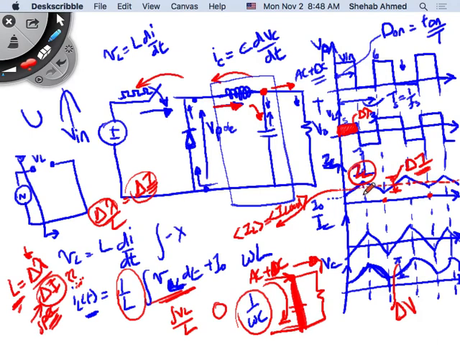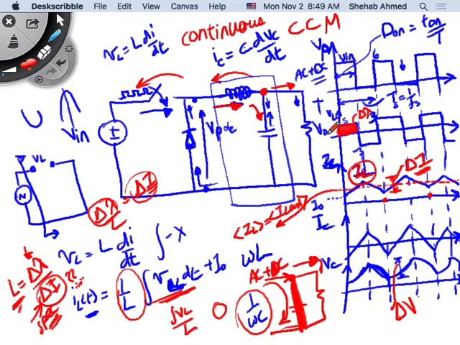Since it never touches zero, we call this continuous current mode, meaning the inductor current never touches zero. What happens for the same value of inductor and capacitor if I use a larger resistance? If I use a larger resistance, what's going to happen?